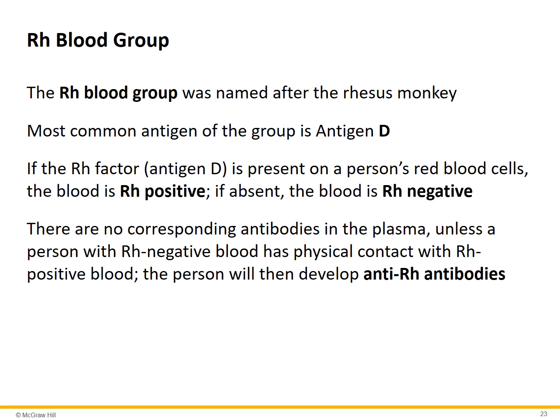It's similar to if you had the measles, you typically don't contract the measles again because you have antibodies to the measles. So you don't have any antibodies to the Rh factor unless you come in contact with Rh positive blood. Now, this could occur during a transfusion.